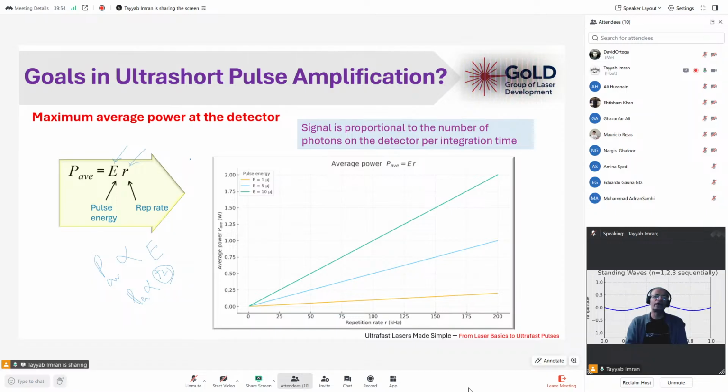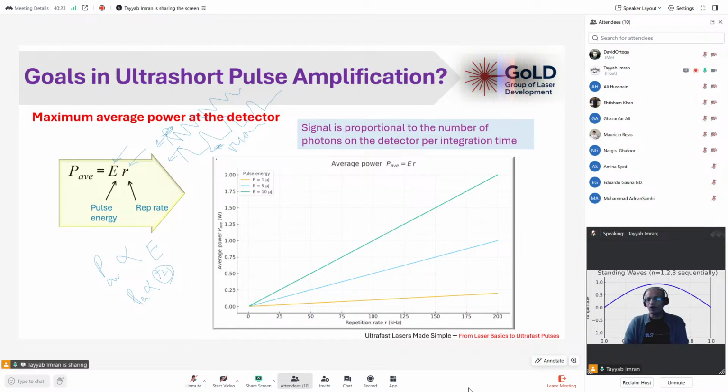So if you have pulses like this, whatever the rate, megahertz or something, and if you have like this, definitely in this case, the average power will be more than this one, because the repetition rate here is higher as compared to here.